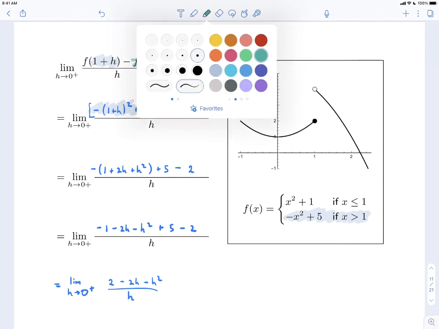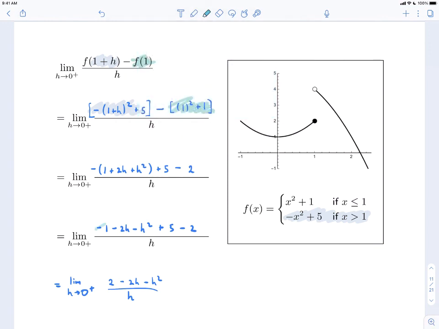Just for fun, let's highlight all of these constants. These are the things that we're combining into that 2. Everything else is unchanged. Now notice what this equals. Notice that there is no factor of h in the numerator. There is an h in the denominator, and there are some h's in the numerator, but this 2 doesn't have an h. So we can try to divide everything by h.